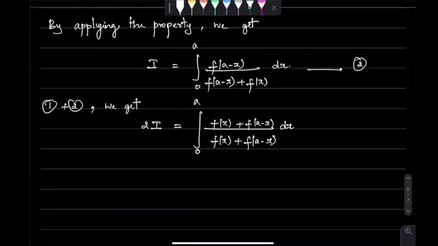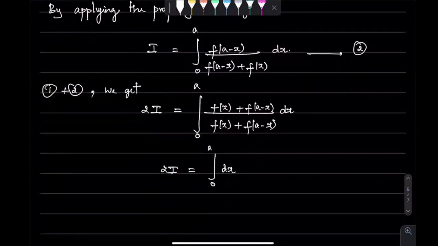So what is your 2I? 2I is integral 0 to a, you get only dx, which is equal to x from 0 to a. So your I is equal to a by 2. This we did already.